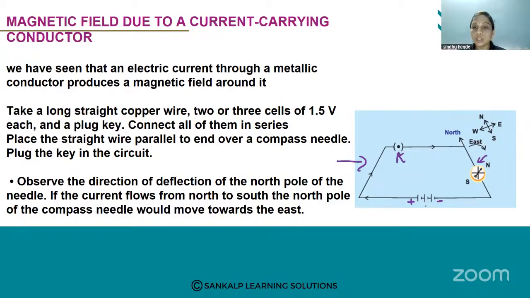See, we know that when the key is closed, at that time current starts flowing in the circuit, right? When the key is closed, the circuit is considered as completed. At that time some amount of current starts flowing in the circuit. Okay, the current direction is from positive to negative. That's why the direction is like this. Okay, observe this carefully.